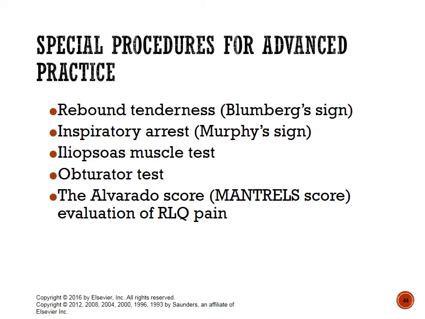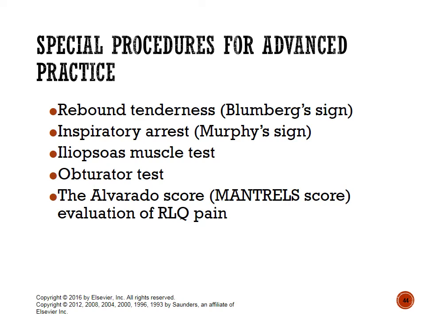Now there are some different special procedures here that they list for advanced practice, but there are a couple of these that we do use. The first one is rebound tenderness, called Blumberg sign. We typically use that for appendicitis, and we're going to push in that right lower quadrant.